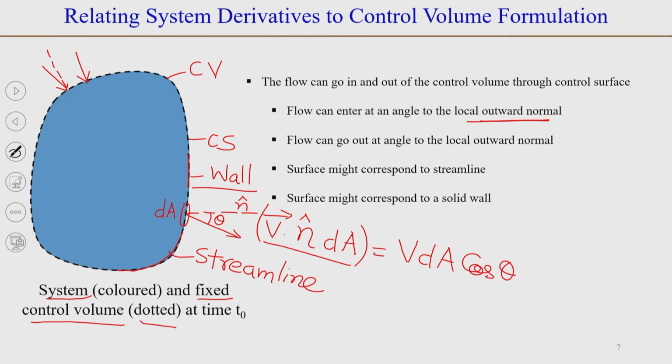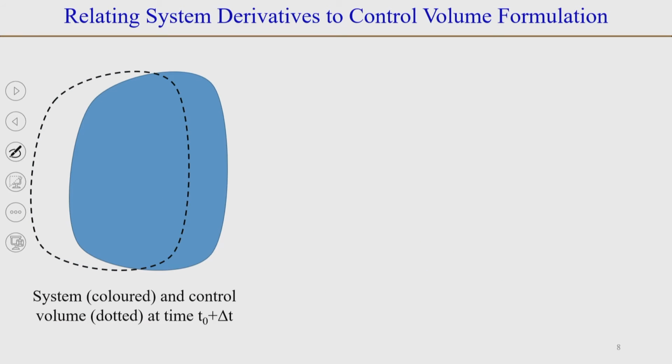So, we have this control volume and system coinciding at time t naught. After time delta t, the system moves to a different position, as we can see here. The system is colored in blue, and the control volume is fixed as it was at time t naught, so it remains in the same location.